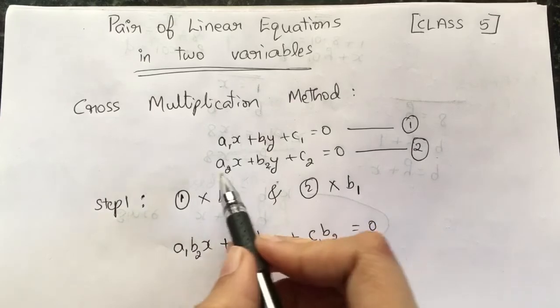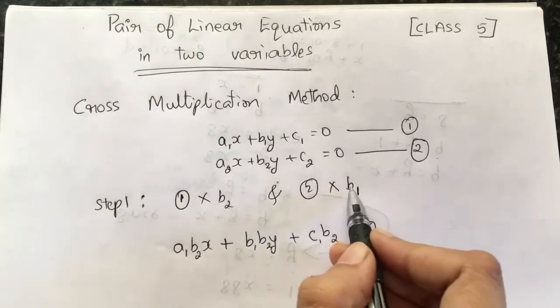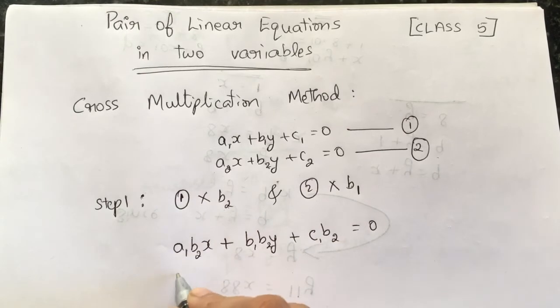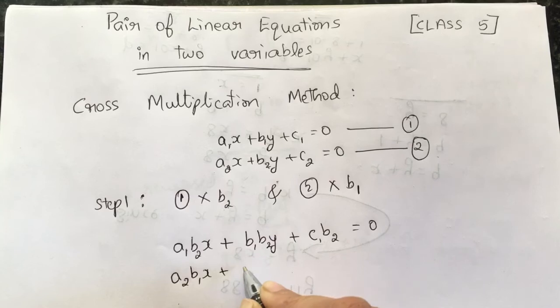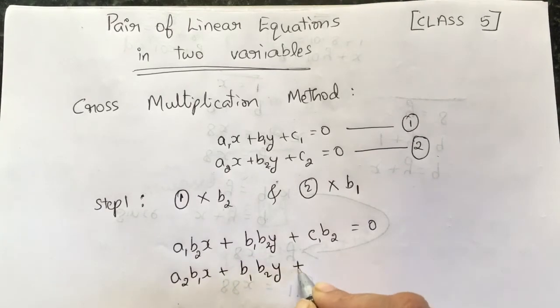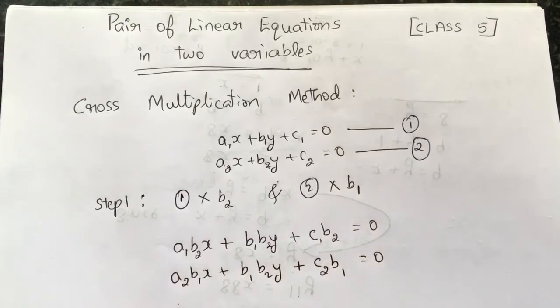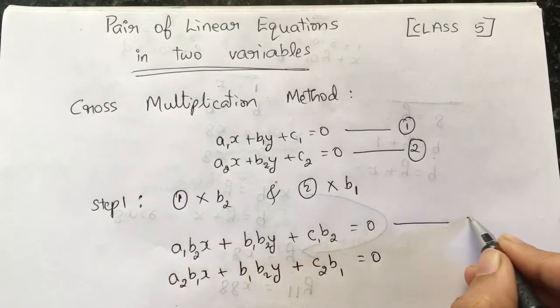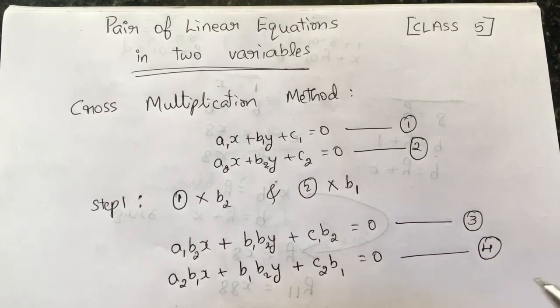Now this second equation I'm going to multiply by b1, so a2 b1x plus b1 b2y plus c2 b1 equal to 0. I'm naming this as equation 3 and this as equation 4.